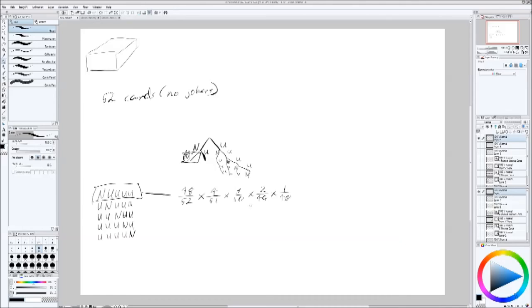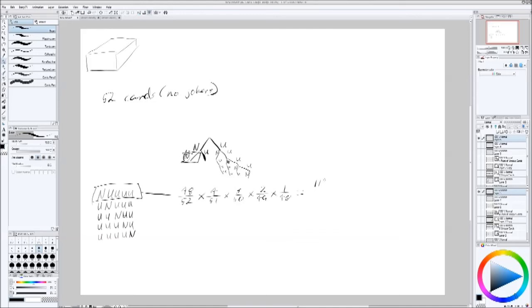We can do long multiplication for all of this, but to save a bit of time, I will just plug it into the calculator. So remember, when you multiply fractions, the top is multiplied by the top and the bottom is multiplied by the bottom. So we end up having 48 times 4 times 3 times 2. We don't really have to worry about the 1, because times 1 is whatever it originally was.